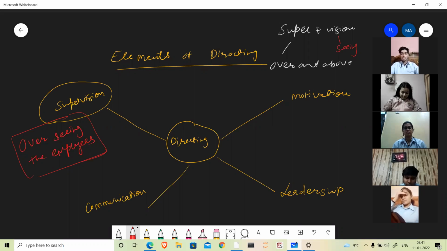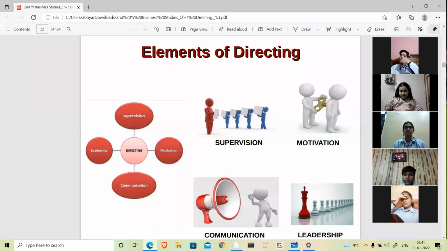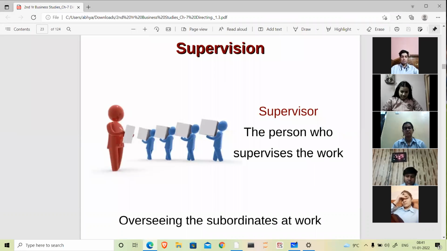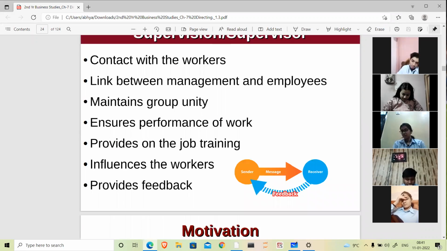So at that time the supervisor works as a guide, as a philosopher, as a friend, and tries to solve their personal problems as a friend, so that the workers are able to give their 100%. So this is all about supervision, and there is no need to do anything else. You have to do just its meaning. The person who supervises the work is known as supervisor, overseeing the subordinates at work. This only thing you have to do.